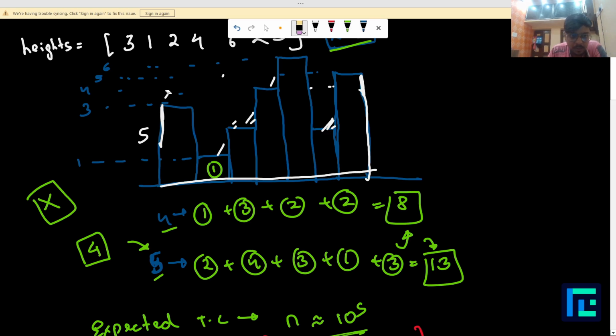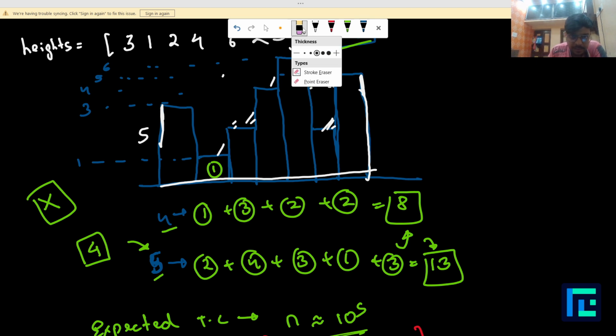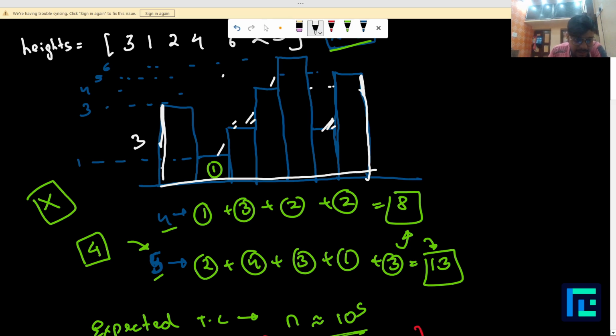My height is 3 and I am building a tank of height 3.